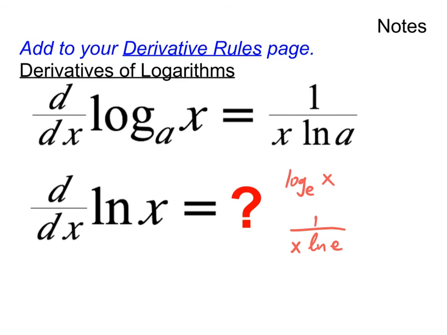But that, of course, can simplify, right? What does the natural log of e equal? 1. And so then, the whole thing would just equal 1 over x. So once again, e and natural log end up giving us a simpler version of our derivative. And of course, add this also into your derivative rules page.